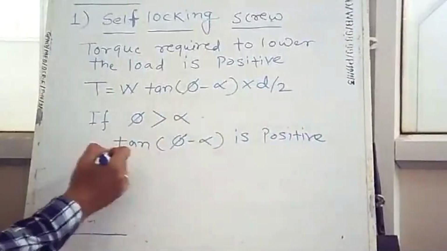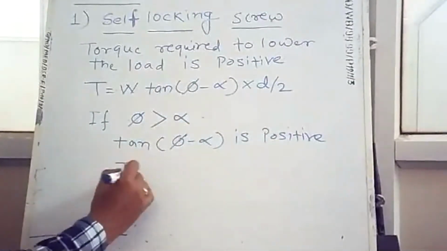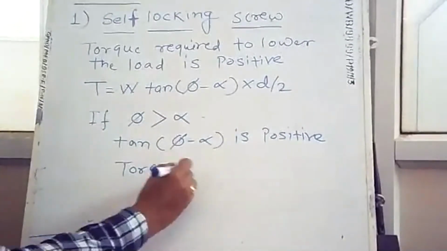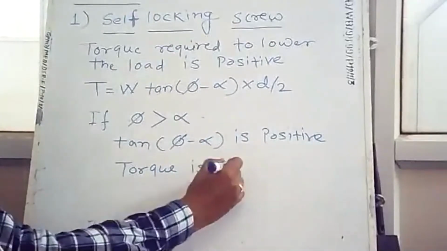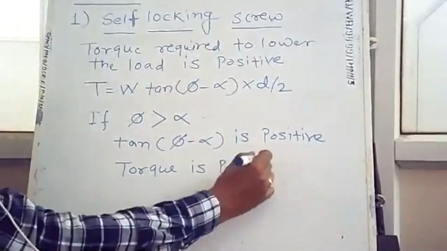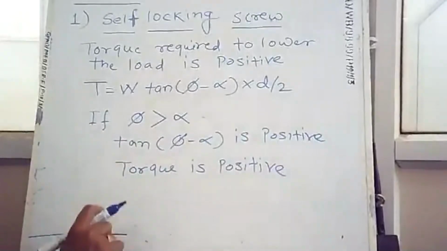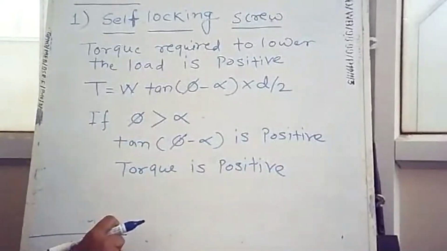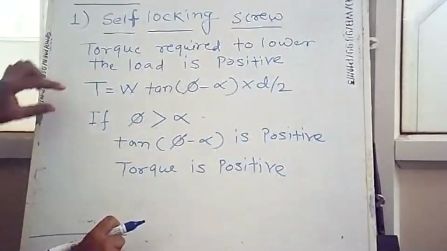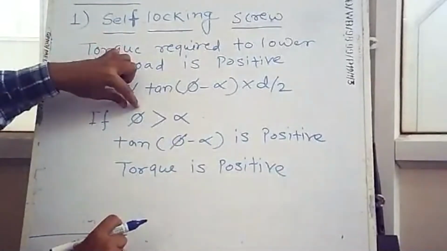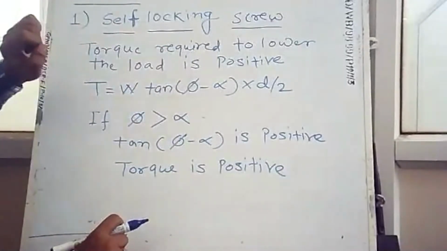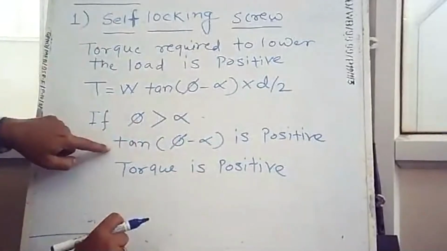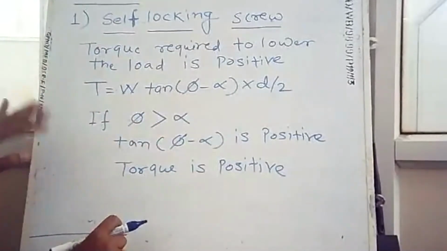If it is positive, then only the torque is positive. So this is the condition required for a self-locking screw. Self-locking means the friction angle should be greater than the helix angle. If the friction angle is greater, then only tan of phi minus alpha is positive and the torque is positive.